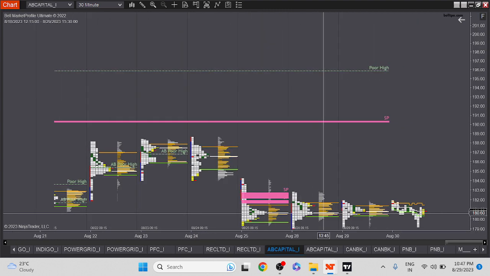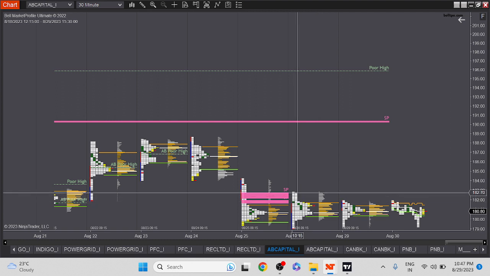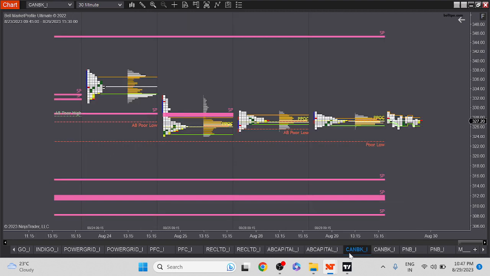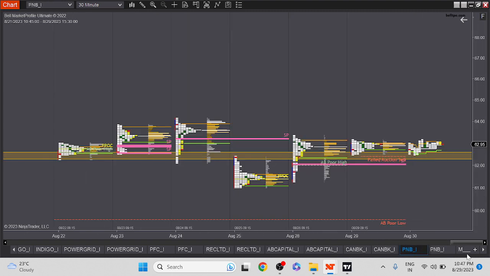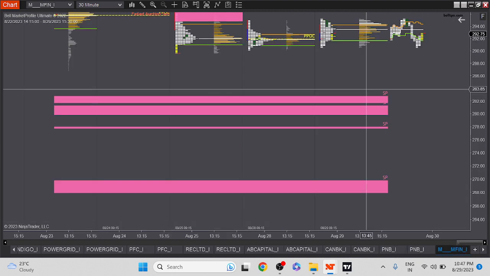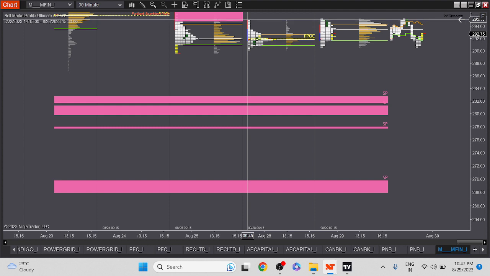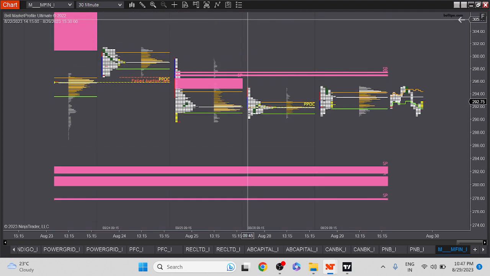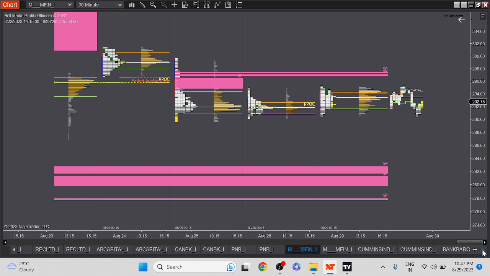Here also, if you see, AB Capital's high is a single print. Unless 182.70 is crossed, we will not be able to look for a buying trade here. In M&M, if you see the high from the last 2 days, it is exactly resisting at the single print, guys. So I hope you are learning something looking at our videos.